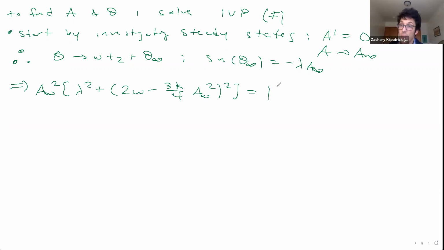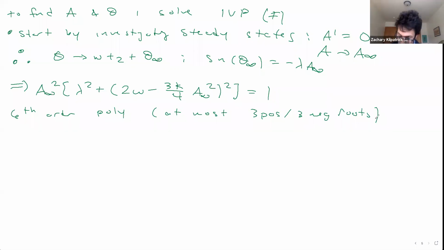If we're just interested in positive values of A infinity, then we should expect at most 3 roots of this equation. This is actually a 6th order polynomial in A infinity, but we expect at most 3 positive and 3 negative roots. And the negative roots should be the mirror image of the positive roots.